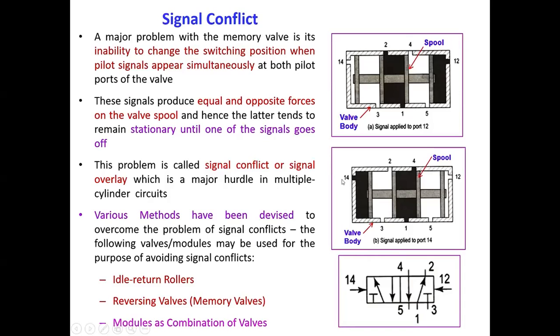This problem is called signal conflict or signal override, which is a major hurdle in multiple cylinder circuits. Various methods have been devised to overcome it. The following valve modules may be used to avoid signal conflict: idle return roller, reversing valve, and modular or combined valve.